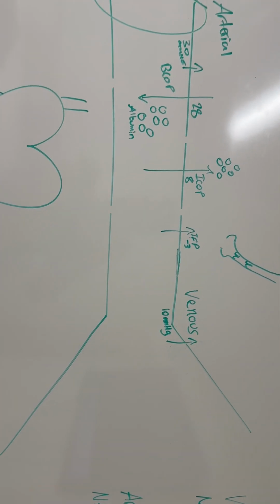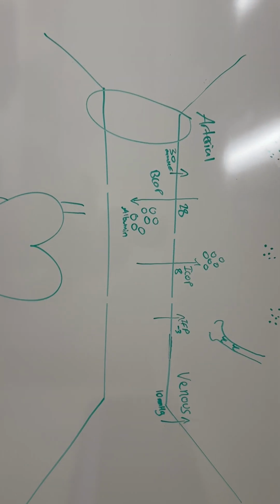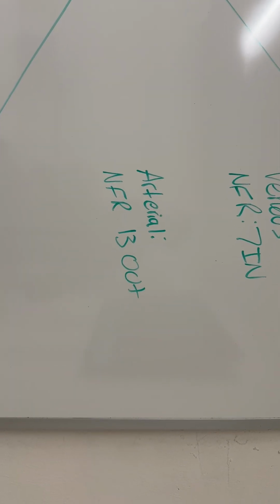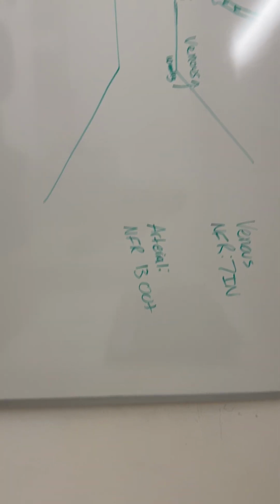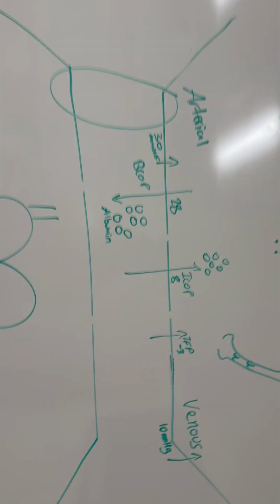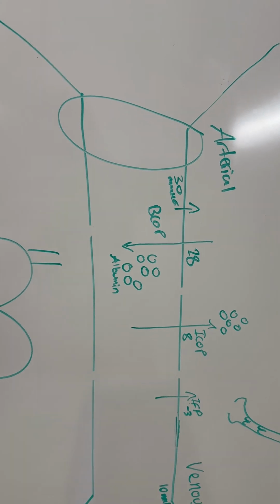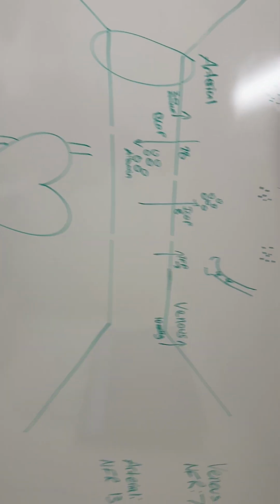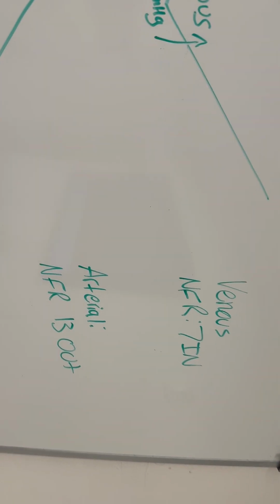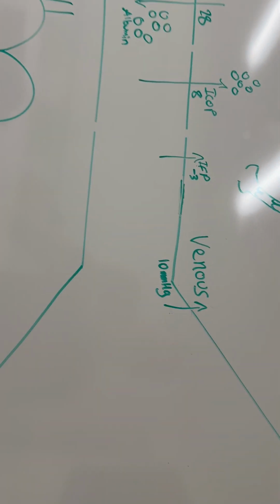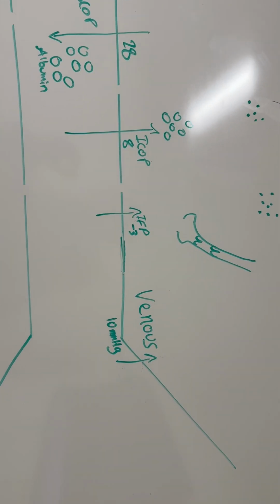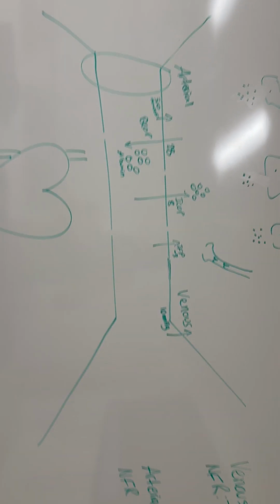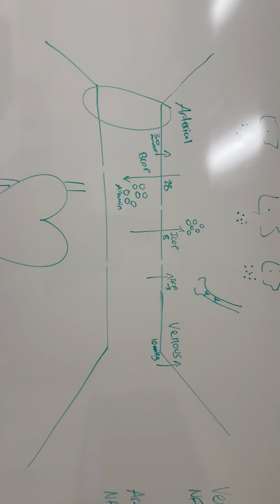This results in an arterial net filtration rate of 13 millimeters of mercury going out, which means that on this side of the capillary, we're going to be sending fluid and nutrients out of the capillary. On the venous side, we have an NFR of 7 in. So we're going to have more fluid coming in to the venous and the venule.